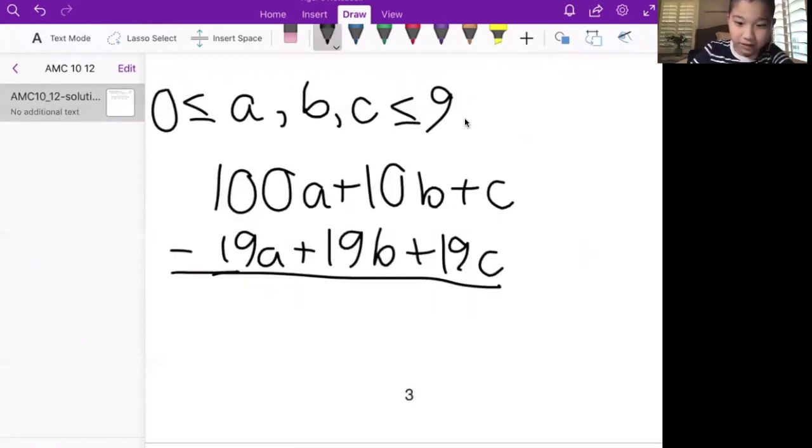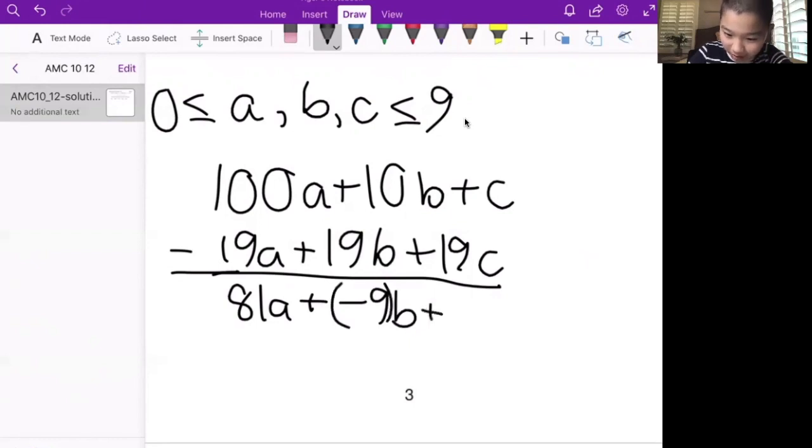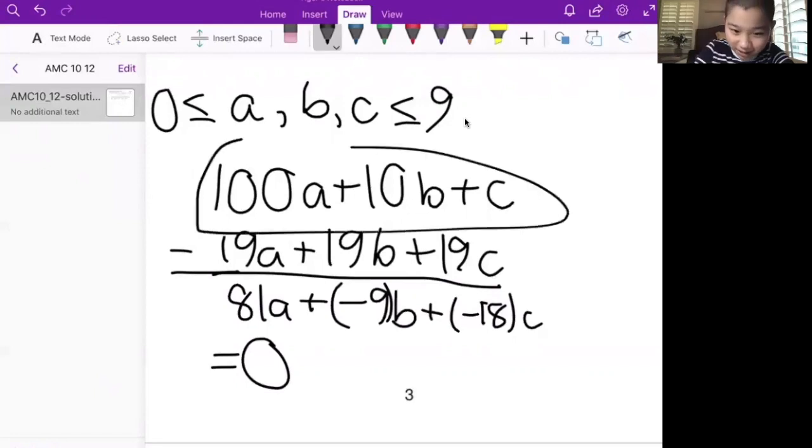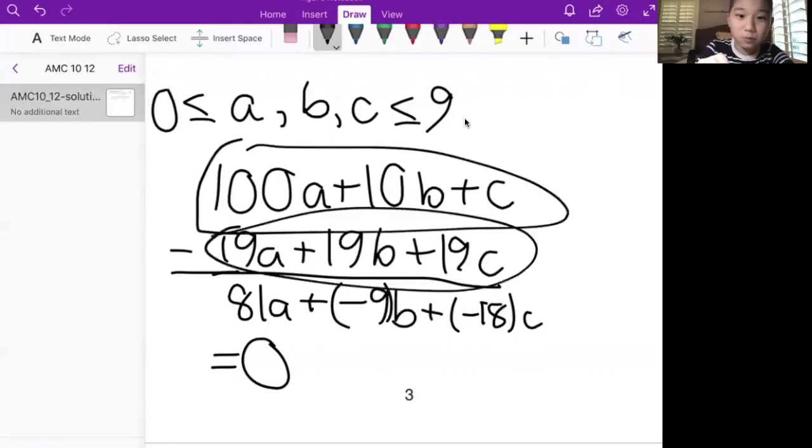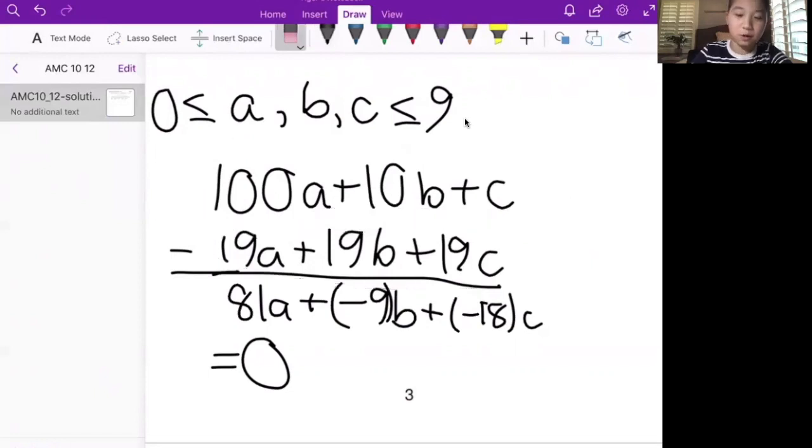So we'll get the top expression, so we'll get 81A plus negative 9B, and then plus negative 18C. And that's equal to 0. Why? Because the problem states that this and that are equal. So the difference is 0.